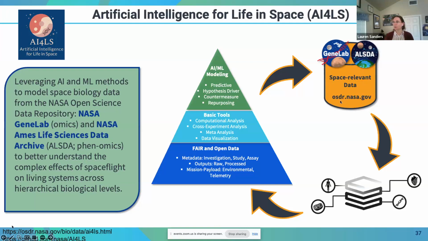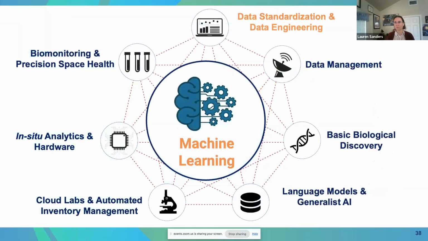So we use the open data from the Open Science Data Repository, build models, and in the process, we also provide hypothesis generation and feedback back into the Open Science Data Repository.